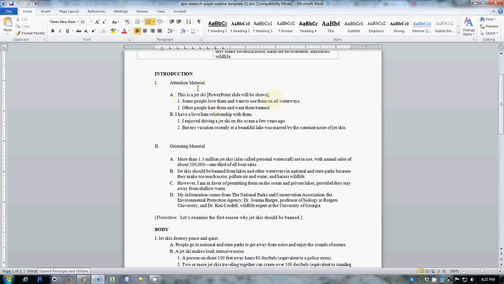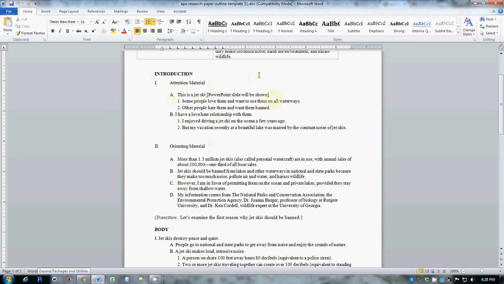But the idea is that this outline is breaking things down into paragraphs.